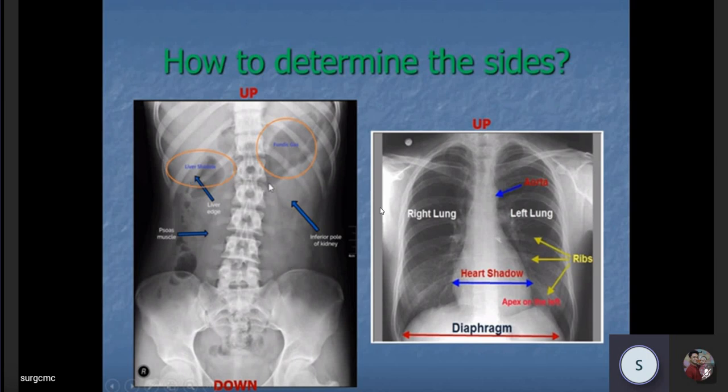These two linear things going down, you can see the margins even. These are the psoas muscles, going down from above below. And in a good quality X-ray, of course, you can see the lower pole of the kidney as well. So the fundic gas has helped you find which one is left. You know what is up and what is down, and accordingly you can identify some other structures as well.